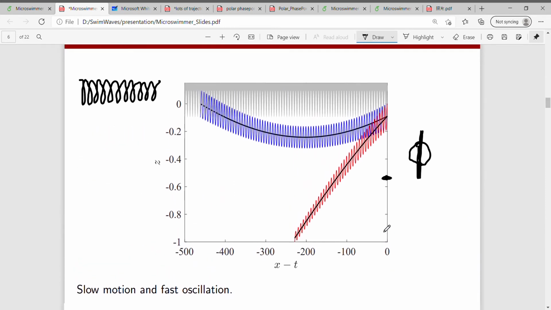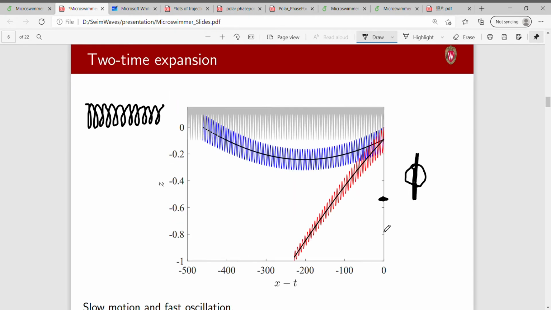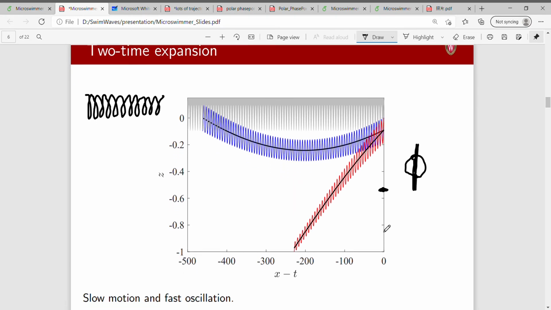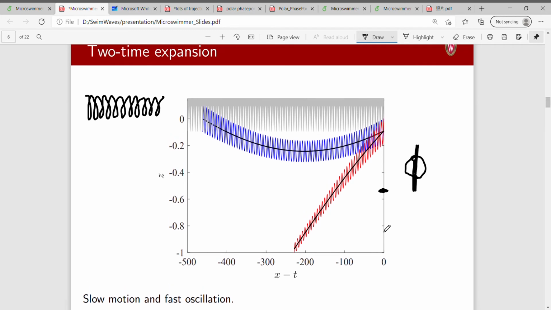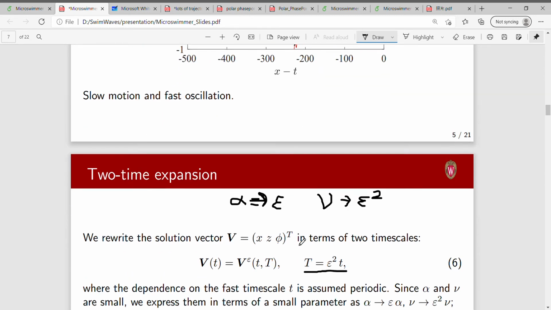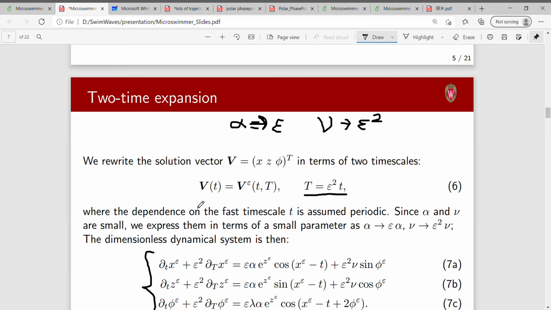At the early stage we fell into a pitfall of finding fixed points, but that didn't turn out to work well. Then we noticed that there are oscillations and also a translation moving in the long run. So we try to expand this into two time scales, and here is how we did it.